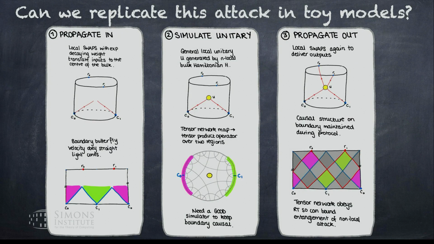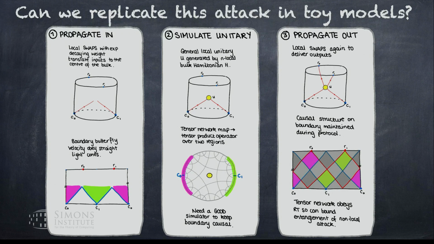So the way we're going to replicate this attack in the toy model is as follows. We start out with our inputs on two boundary regions at opposite sides of the toy model, and we propagate this input information in just by doing swap operations.